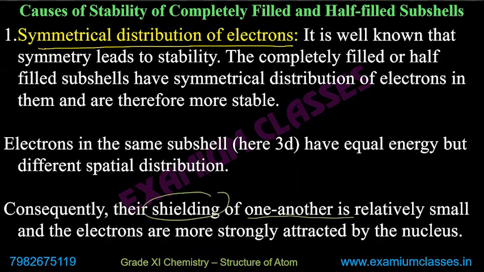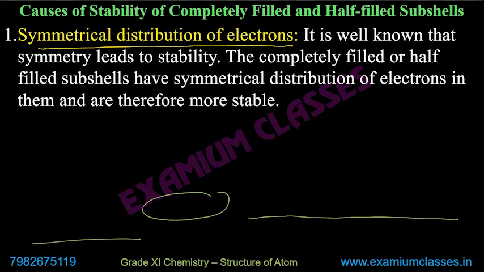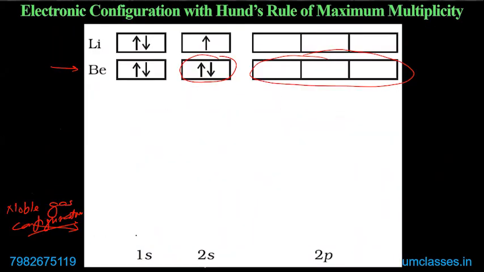Shielding of one another is relatively small because now that electron has moved to D. So I'm going back to explain that again.